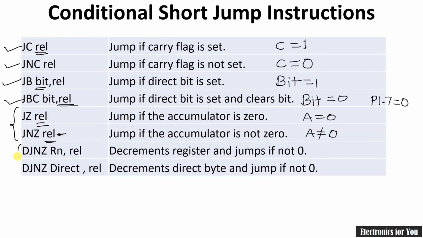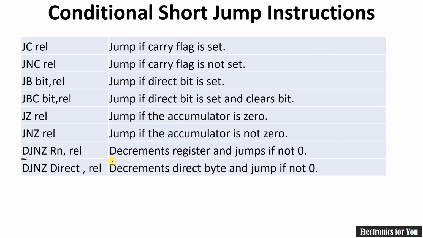Next instruction is again very important, that is DJNZ Rn comma relative address. Here Rn is any register of register bank R0 to R7. Relative address I have already explained. DJNZ stands for decrement and jump if not zero. What to decrement?